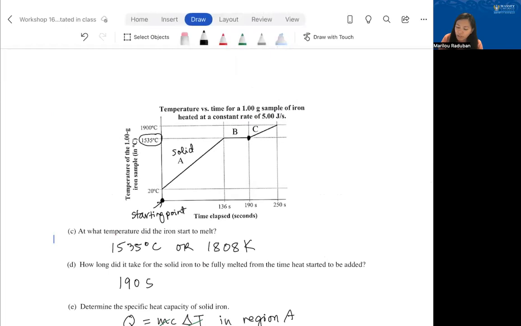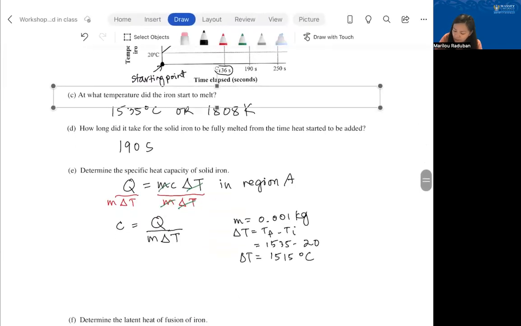But by changing the temperature from 20 degrees to 1535 degrees Celsius, it takes about 136 seconds to accomplish that change in temperature.